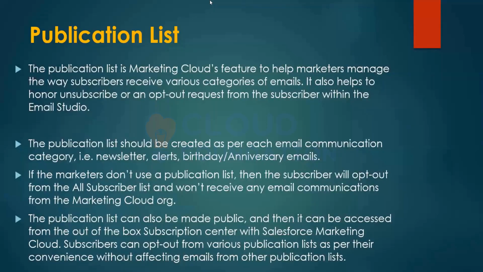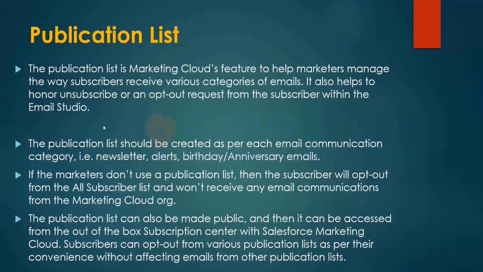You will be subscribed to your interested area and unsubscribed from the area you are not interested in. The company should honor subscribe and opt-out requests. A subscriber within Email Studio can opt out of some sections but opt in to other sections. Opt-in means the customer has given consent to get notifications. Opt-out means the customer has not given consent to get notifications.